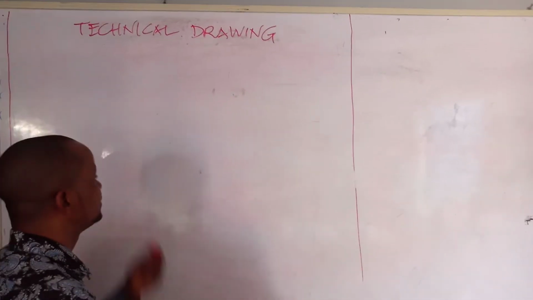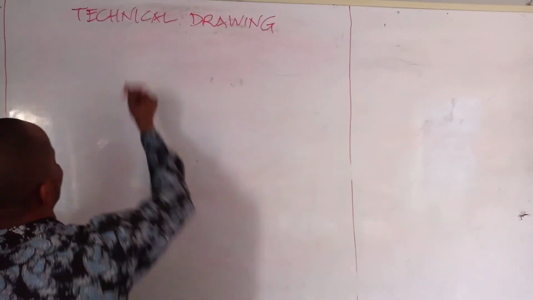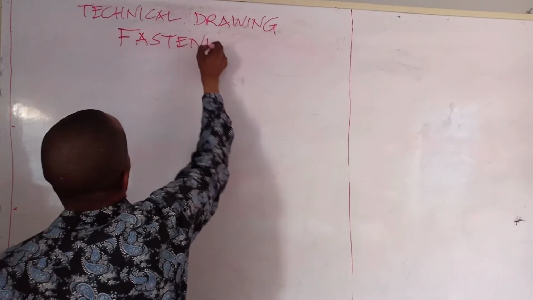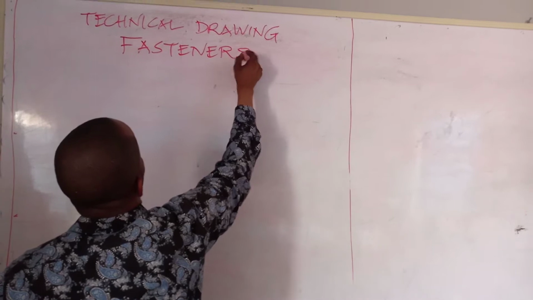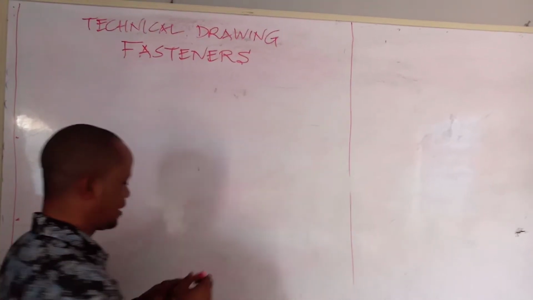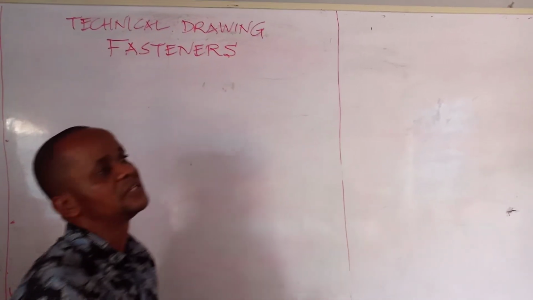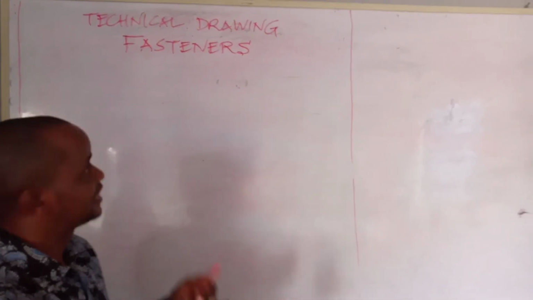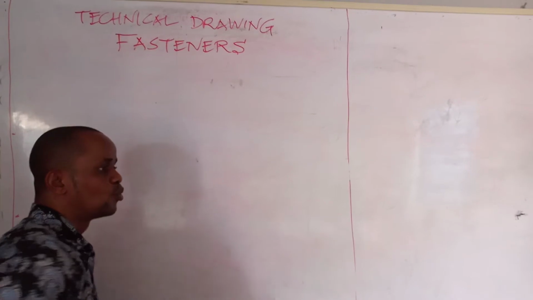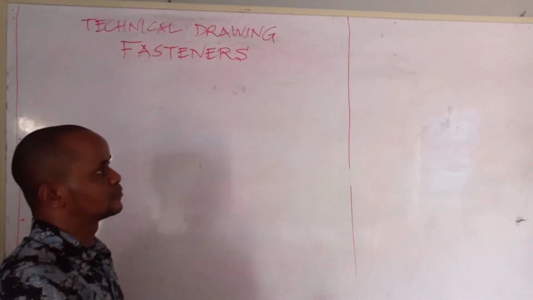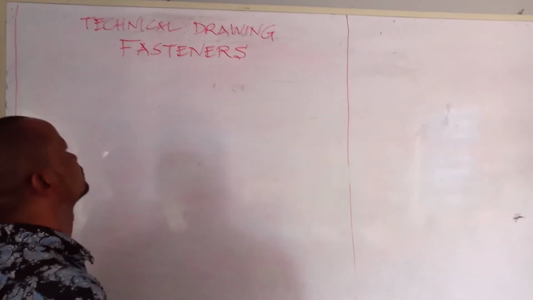Today we'll be discussing the topic fasteners. Now, fasteners are materials, equipment that are used to hold component parts together in engineering.